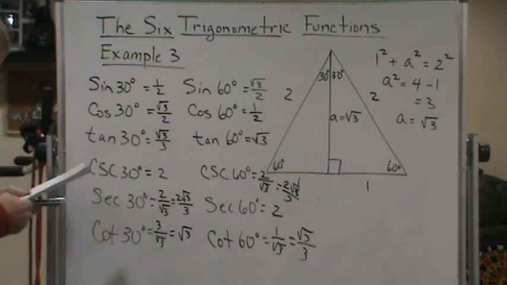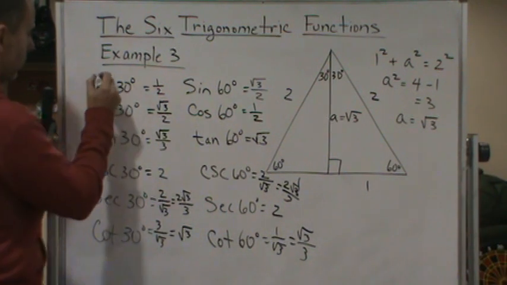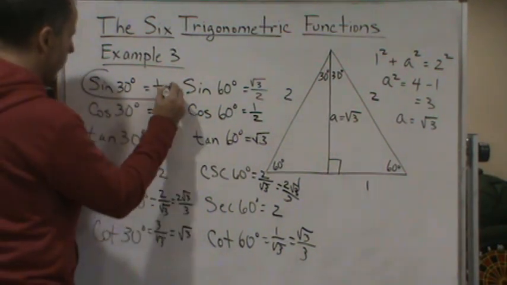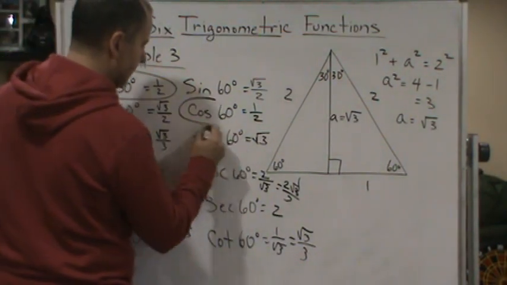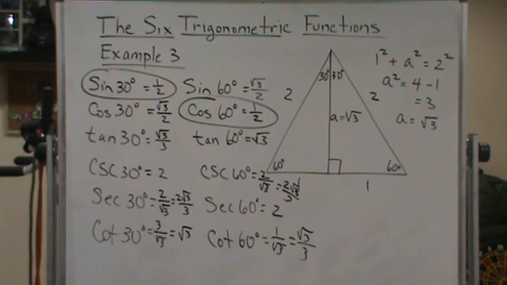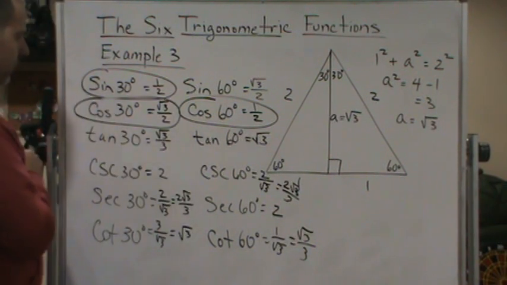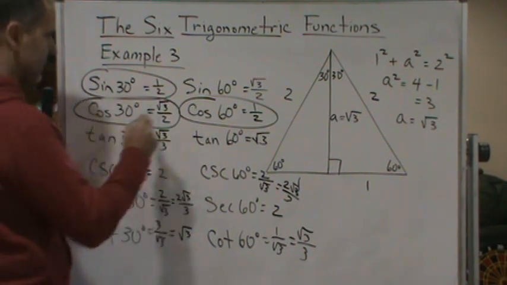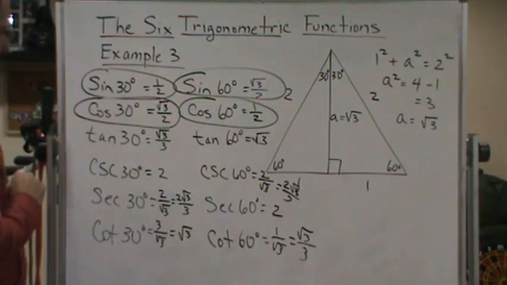Notice how sine of 30 degrees is the same as cosine of 60 degrees. Notice how cosine of 30 degrees is the same as sine of 60 degrees.